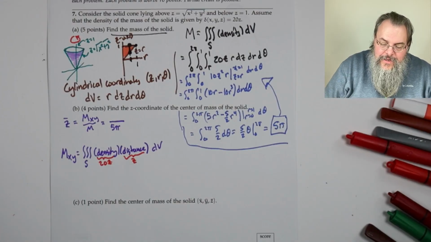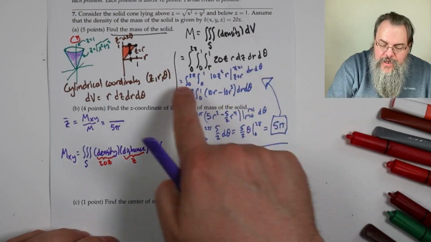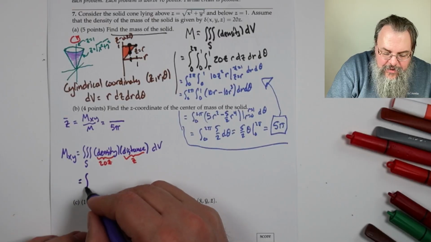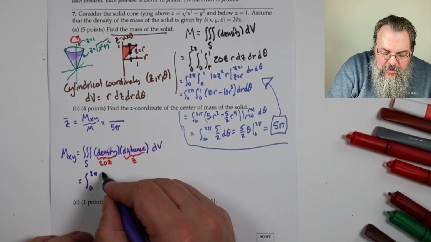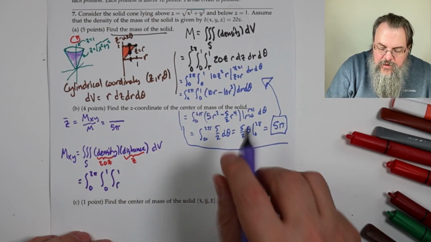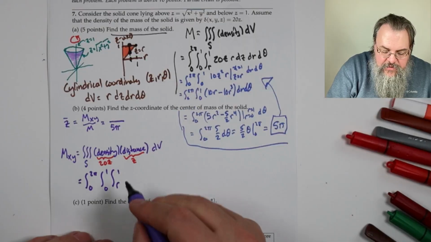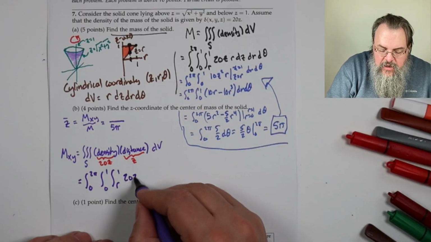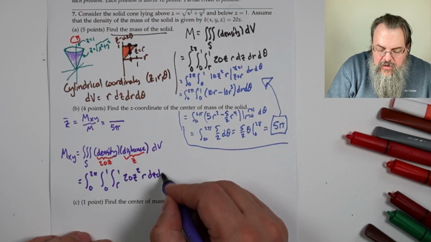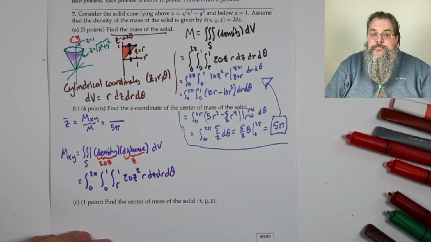Okay, so we're going to set up. We'll just copy it, right? Recycle. And so, because the bounds are the same, we don't need to change that. And now, the only thing that happens is there's an extra factor of z. So 20z squared, r dz dr d theta.